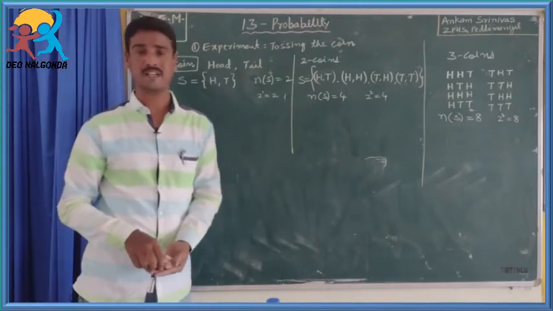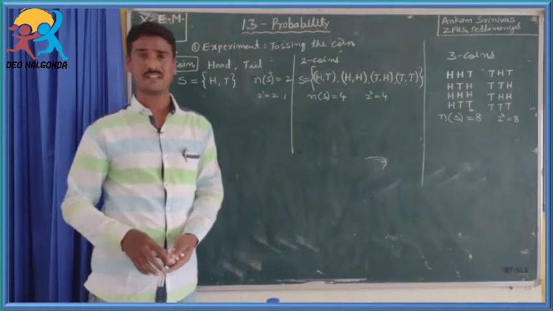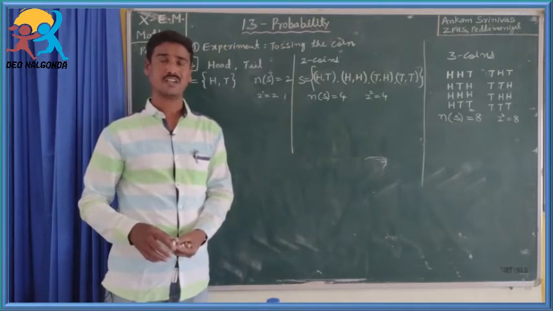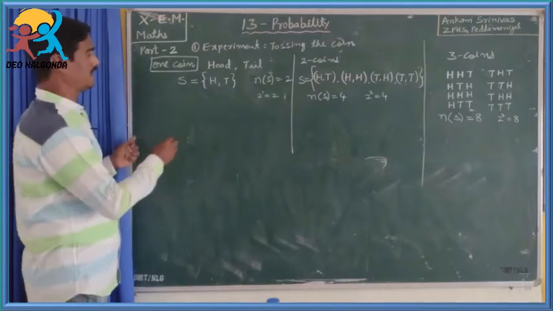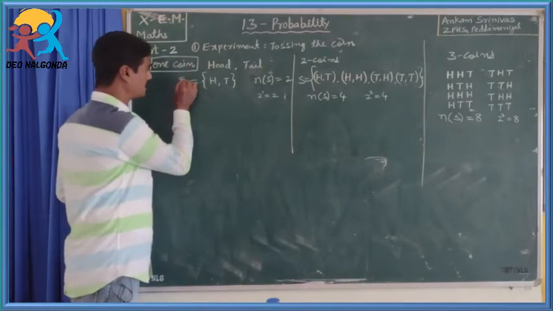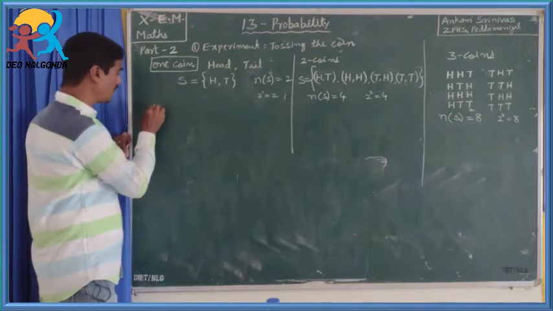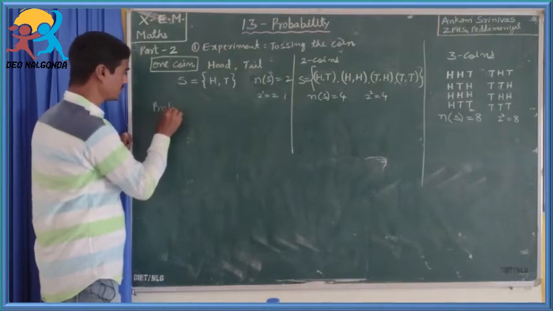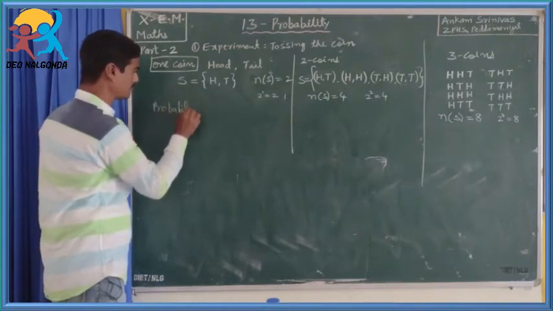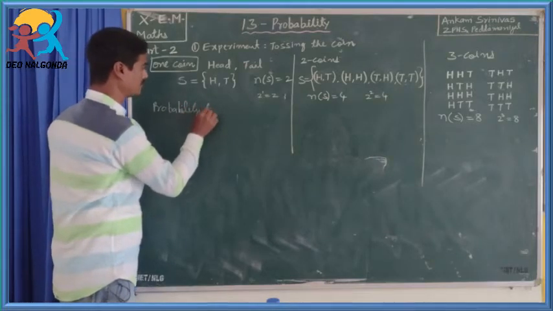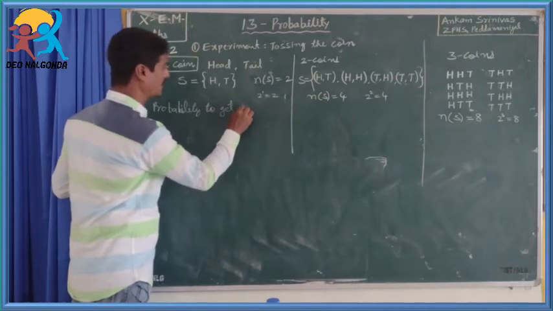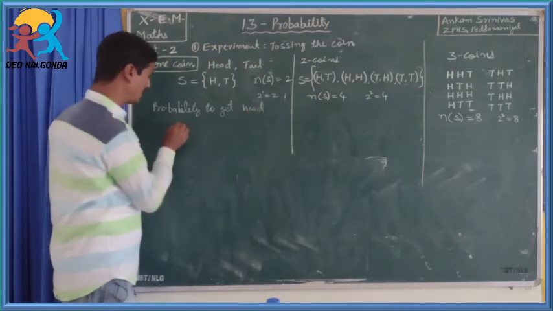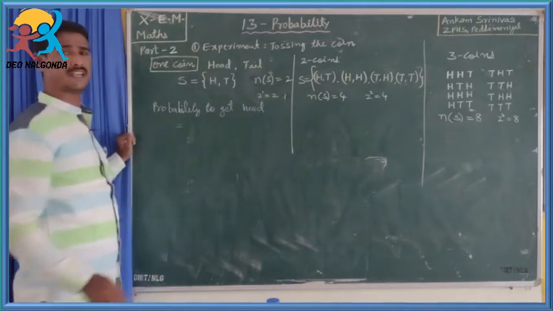What is the probability when we toss a coin to get a head? Now this is the sample space, and we want the probability to get head.